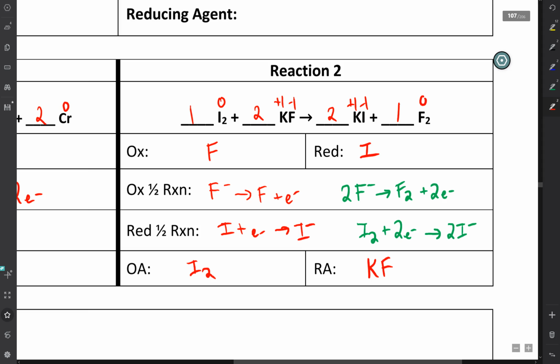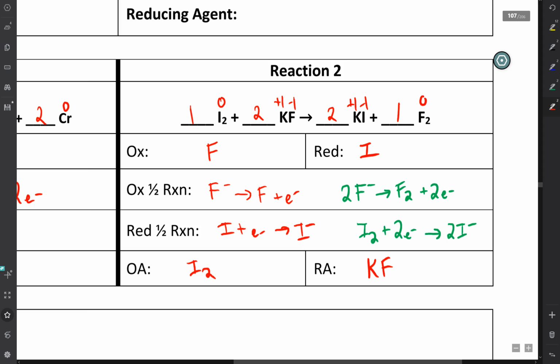I've written the oxidation and reduction half reactions in 2 different ways. The way in red is technically incorrect, but it is something that I will accept, especially very early on. We know that fluorine and iodine are diatomics, and the way they're written in the equation in red, they're represented as monatomic atoms, which really isn't accurate.